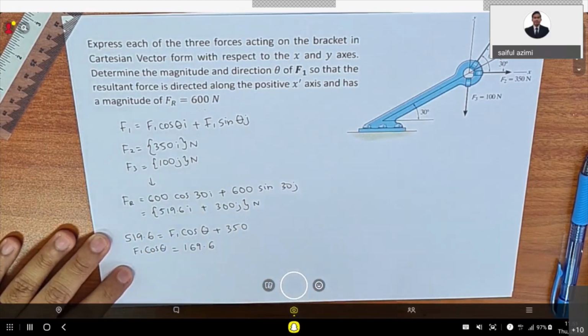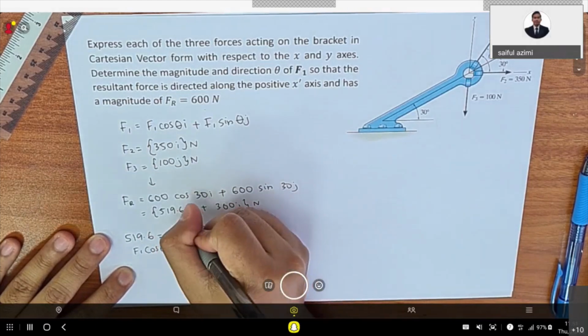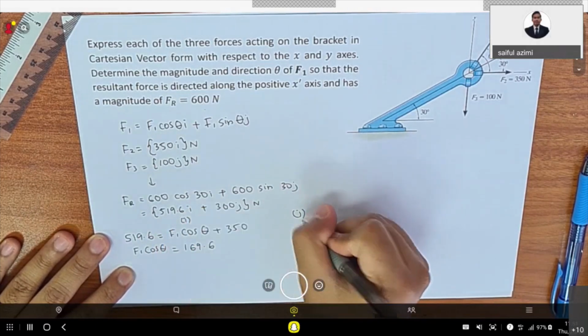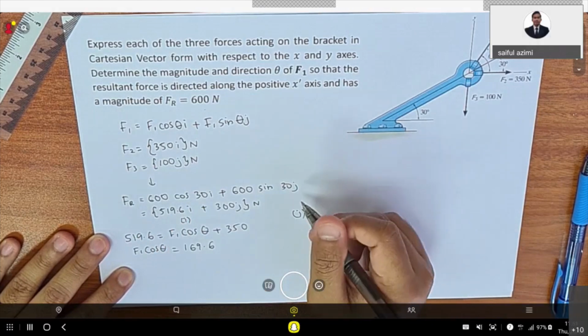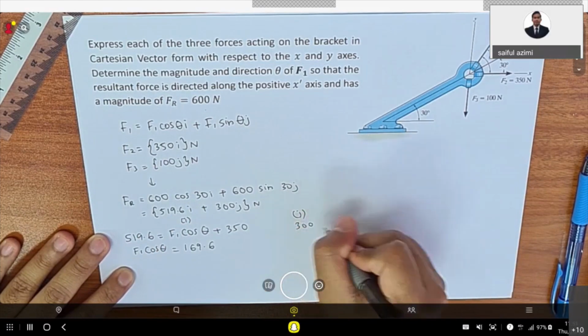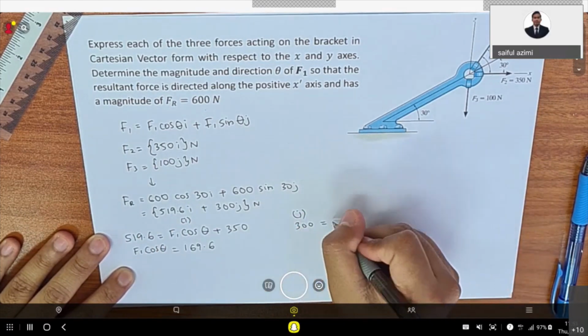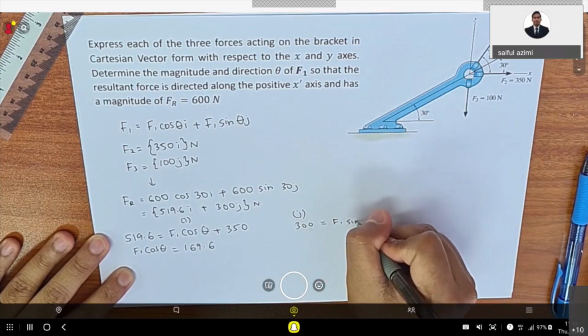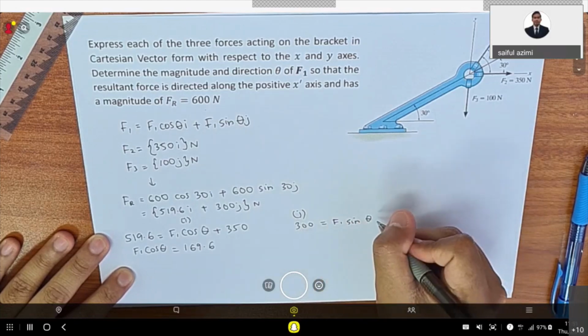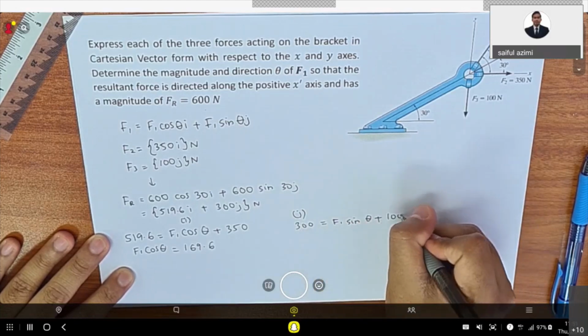In order to solve these questions, you can equate the element of I and the element of J separately. This is the equation of element I. This is I. This is J. So for J, you can equate 300 equals F1 sine theta plus 100.